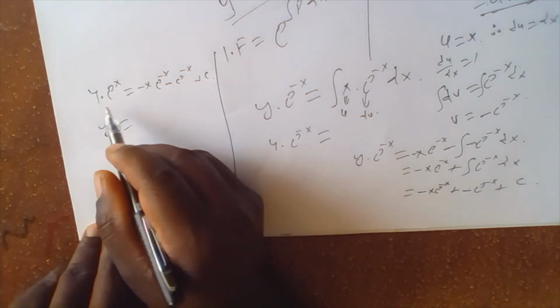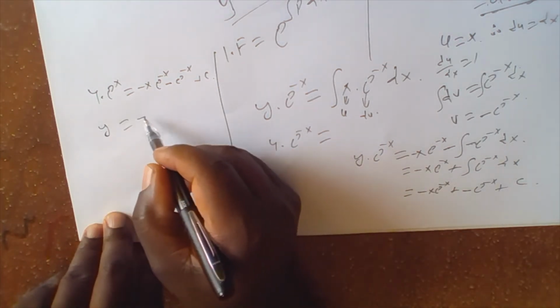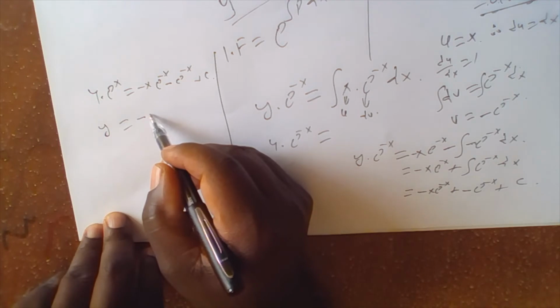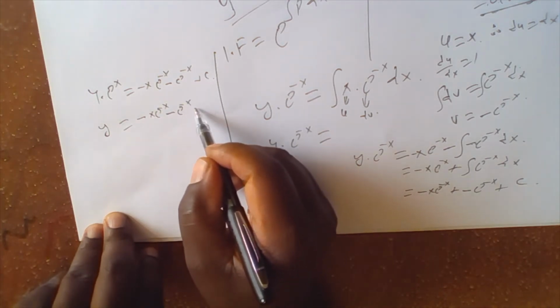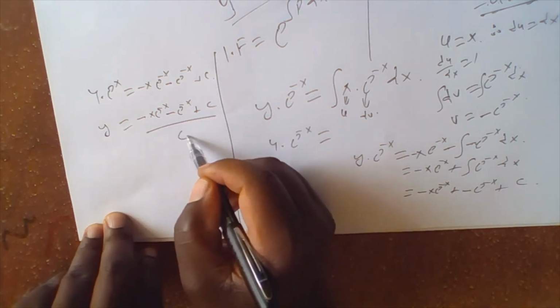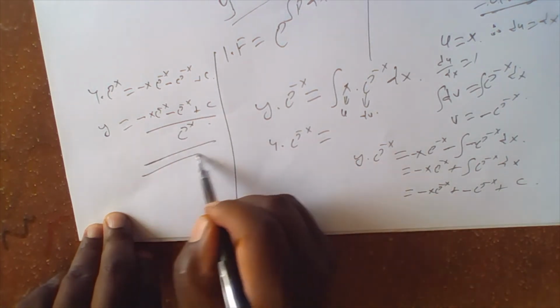So y alone equals, we divide through by exponent minus x, so we have minus x exponent minus x minus exponent minus x plus c over exponent minus x.